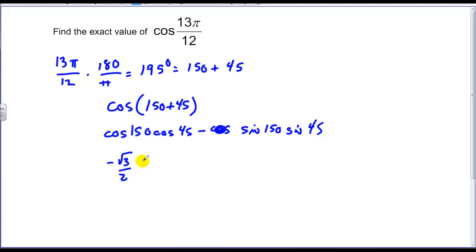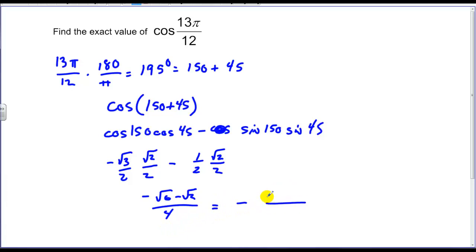Cosine of 45 degrees is root 2 over 2. Minus sine of 150 degrees, a half. Sine of 45 degrees, root 2 over 2. So I have a negative root 6 minus root 2 over 4 on this. You could rewrite that, say it's the negative of root 6 plus root 2 over 4. Either way would work.